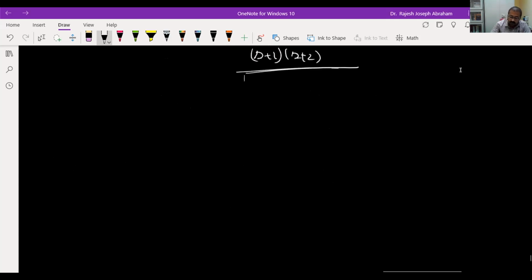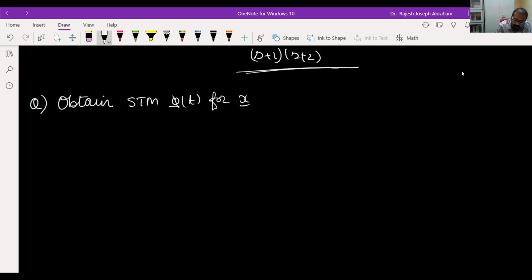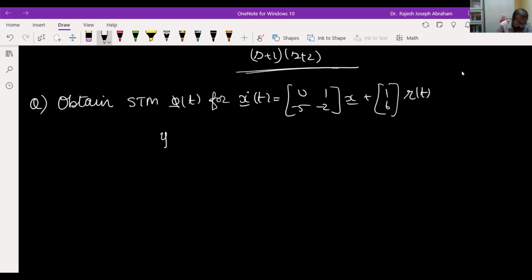Clear? Let us try one more example. You can try it at home, in your leisure time. Obtain the state transition matrix phi of t for x dot equals [0, 1; minus 5, minus 2] x plus [1; 6] r of t and y of t equals [1, 1] x.